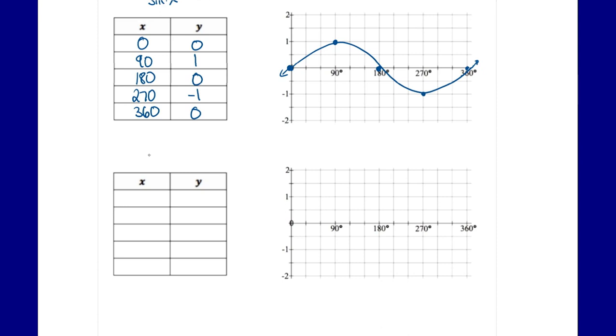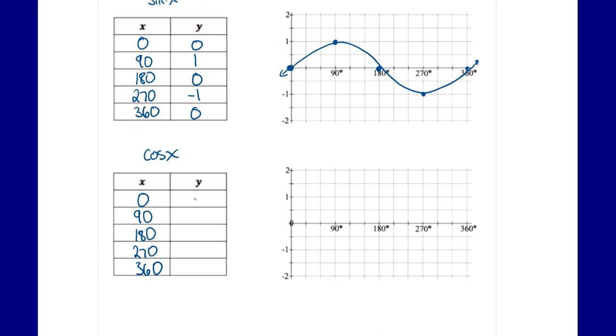Now cosine, again, similar idea. We had a bunch of values, we did every 30 degrees, but here we don't really need all of those values. I only need these 5 key points to help us at least get a general idea of what the function is, or to help us come up with the image points.